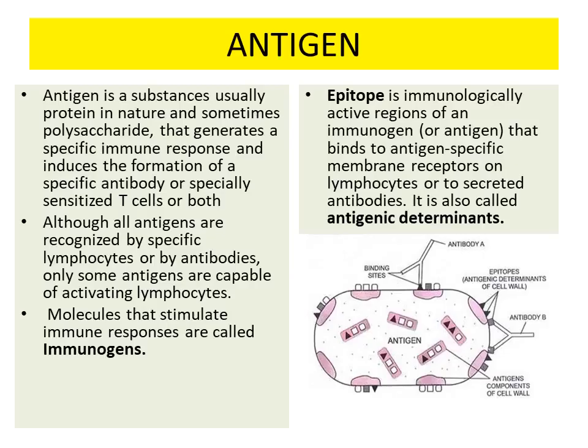Good antigen is a substance, usually a protein in nature, but it can be a polysaccharide or a lipid. It generates a specific immune response and induces the formation of specific antibody or specially sensitized T cells or both.